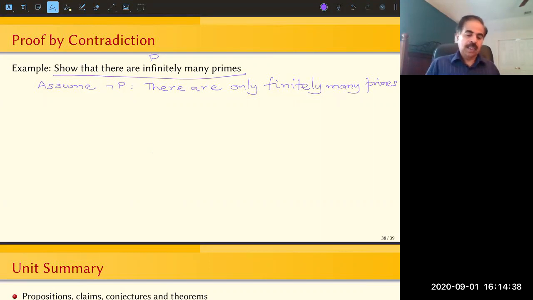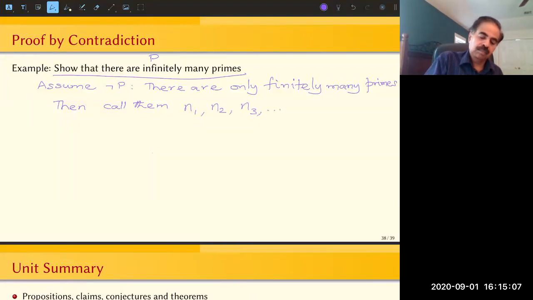So if there are only finitely many primes, let's say there are k primes, and let's list them all.